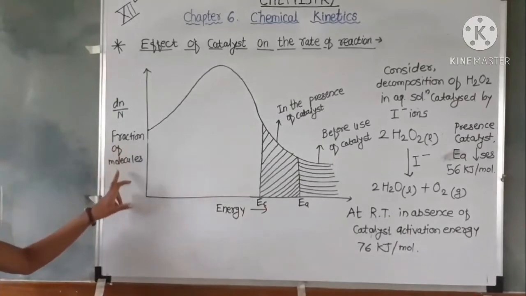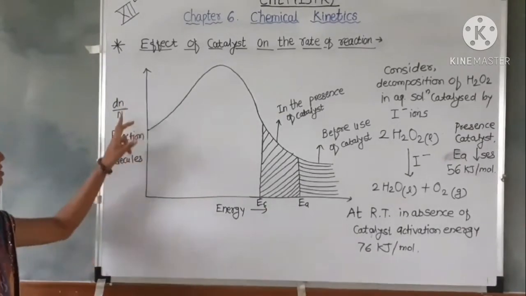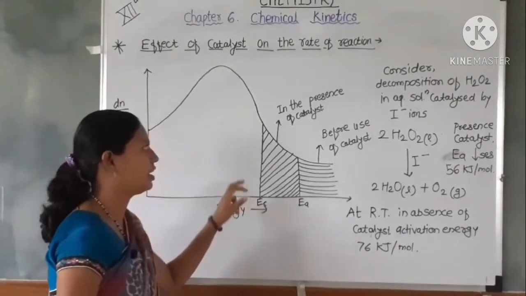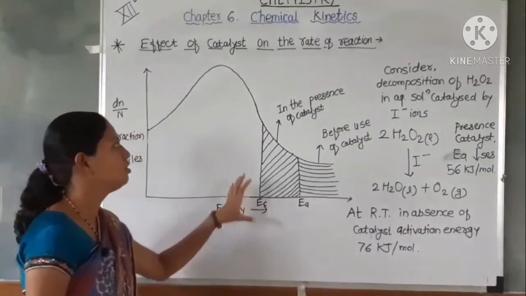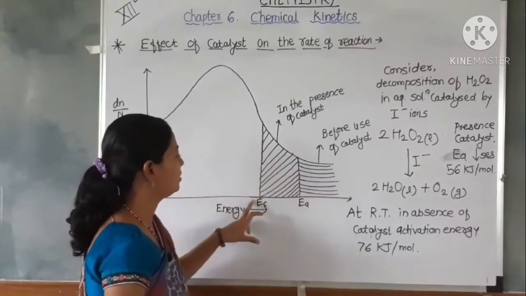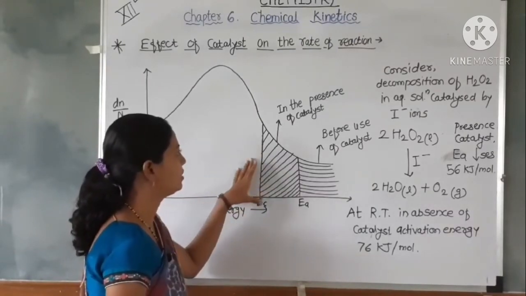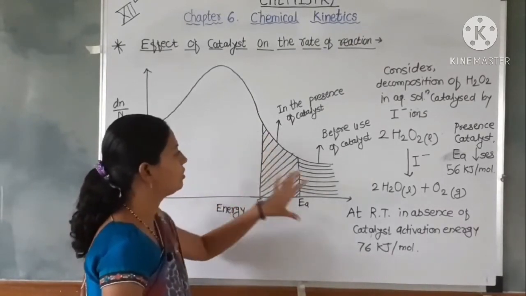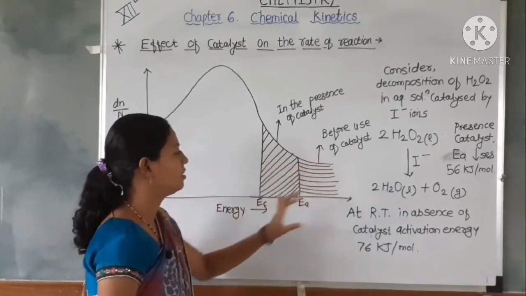If we plot the fraction of molecules versus energy, that is dN versus energy, the catalyst lowers the threshold energy, so the area in the presence of catalyst, the fraction of molecules in the presence of catalyst, is more than in the absence of catalyst.